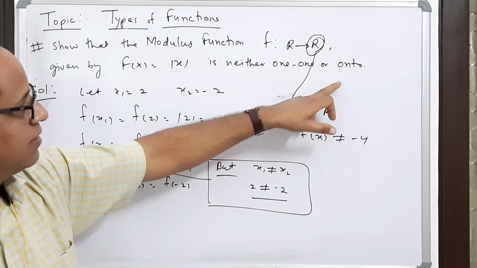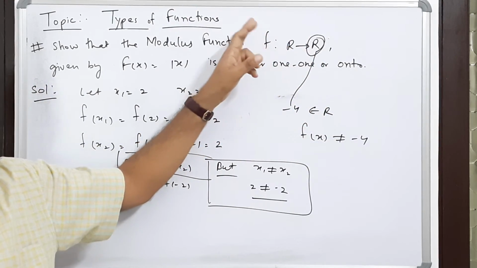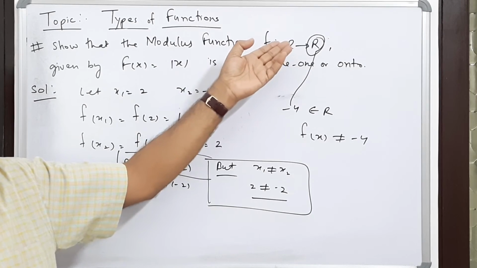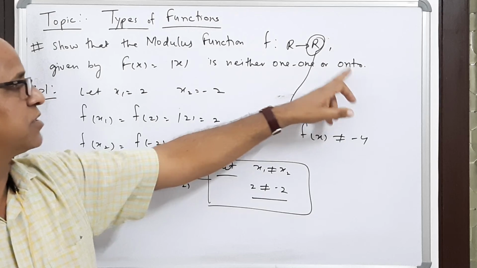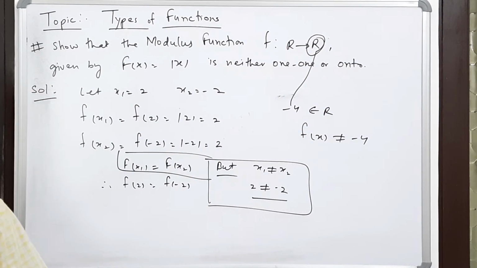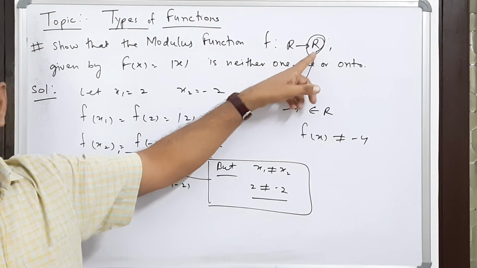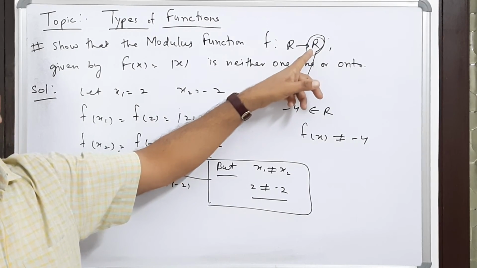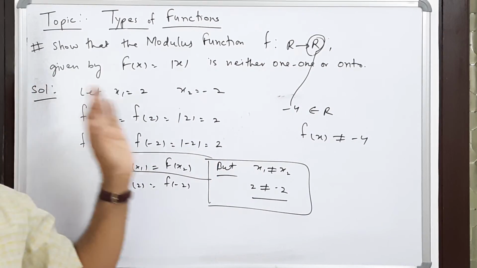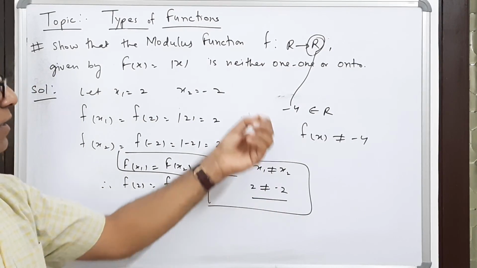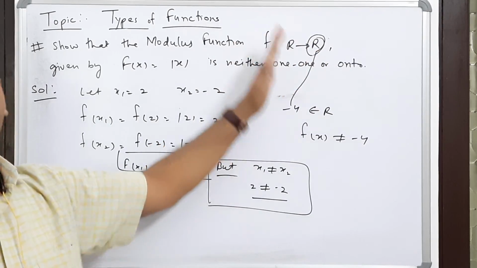The range of this function will not be equal to the codomain. If the range is equal to the codomain, then it is an onto function, but this is not onto, because the range will be only the non-negative numbers and negative numbers will be left unattended, with no pre-image.